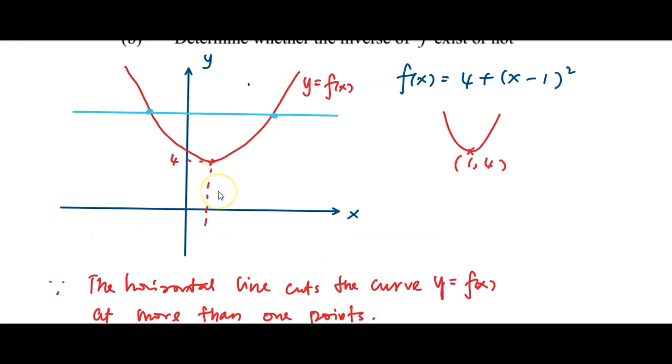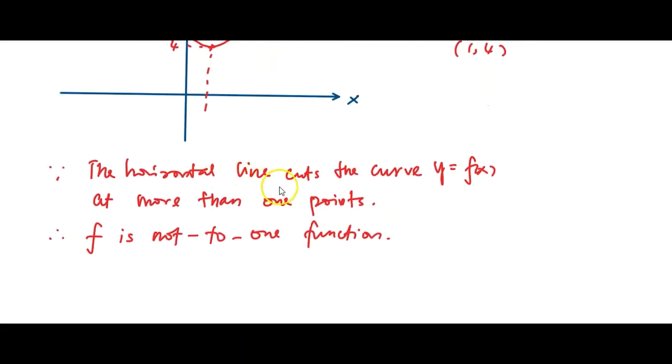From the graph and from the horizontal line test, we see that the horizontal line cuts the curve y equals f(x) at more than 1 point, or we say 2 points. f is not a one-to-one function. Thus, we say that the inverse does not exist.